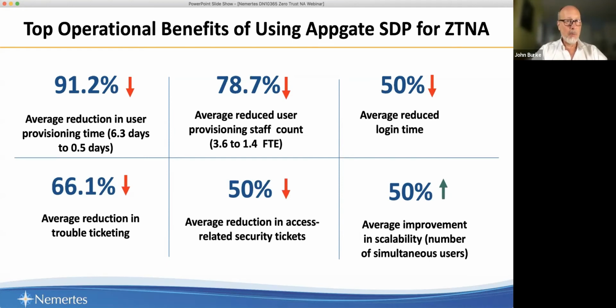So right there. And along with these reductions in the amount of time it takes to provision users, we saw that it takes fewer staff as well. For the folks reporting that they were able to use fewer staff hours to provision users, the reduction was about 78, almost 79%.